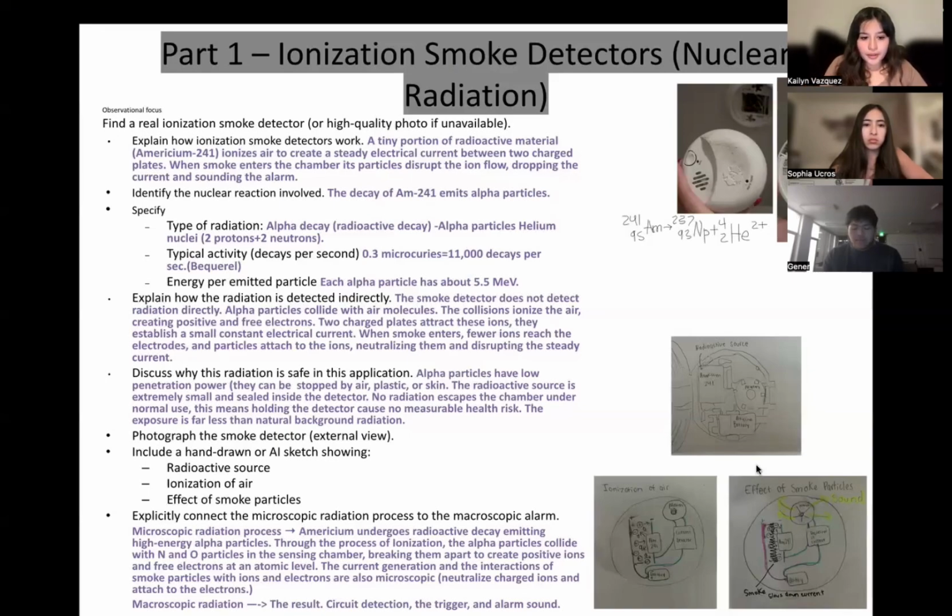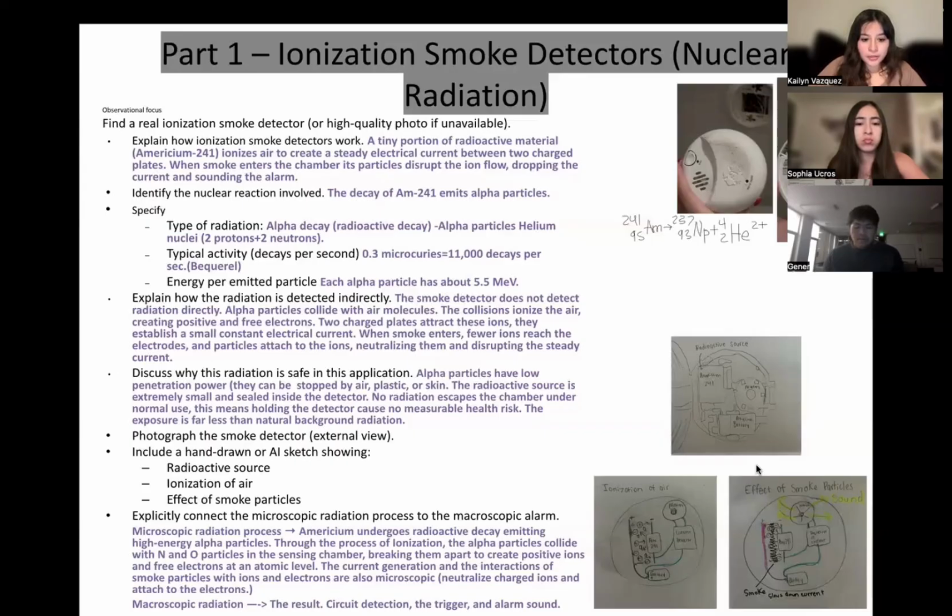So, the microscopic radiation process: americium undergoes radioactive decay, emitting high energy alpha particles. Through the process of ionization, the alpha particles collide with nitrogen and oxygen particles in the sensing chamber, breaking them apart to create positive ions and free electrons at an atomic level.